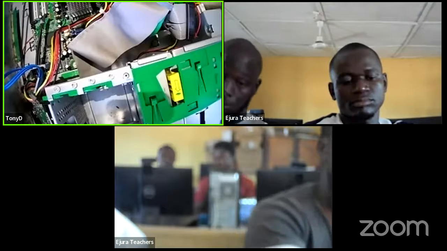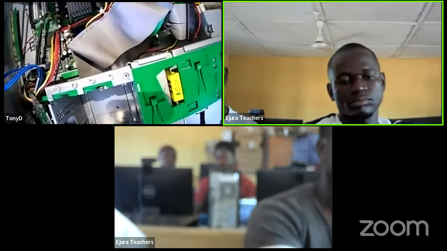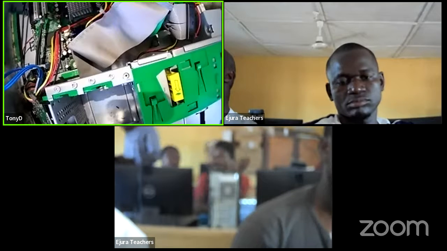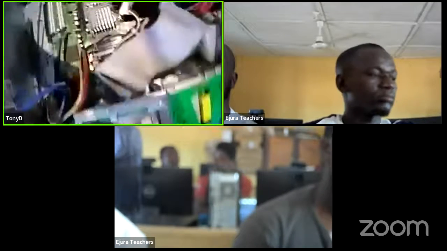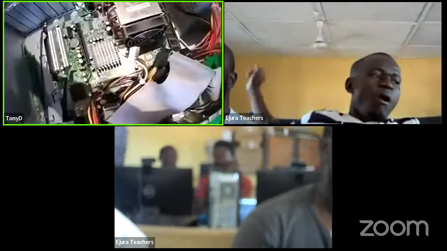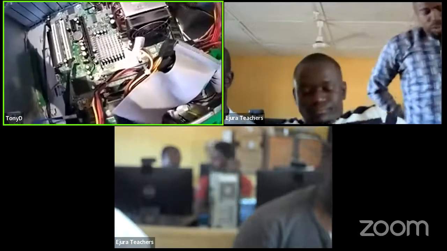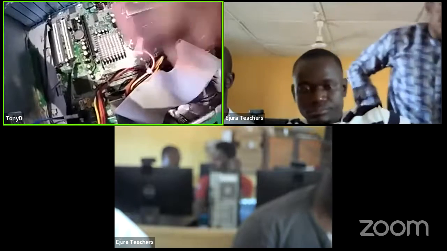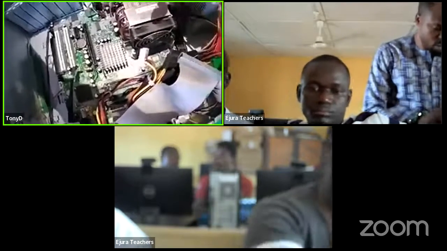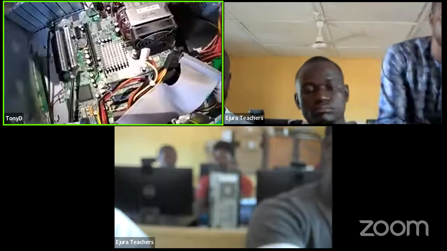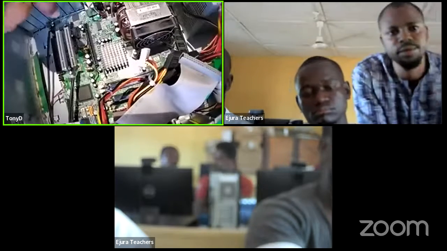The motherboard, what does the motherboard do? The motherboard is there so that all the devices in the computer connect to it, so that they have the ability to communicate with each other. So you have a meeting place that all the devices are connected to, which is the motherboard.